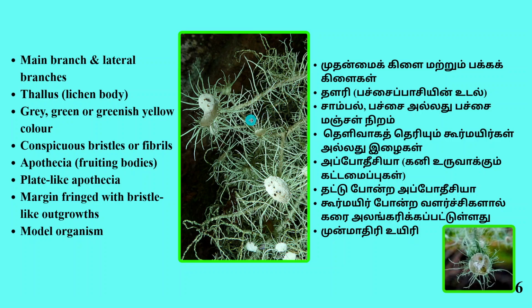The lateral branches terminally bear a large plate-like structure referred to as apothecium, plural apothecia. Their margins are fringed with bristle-like outgrowths that may be simple or sometimes branched. It serves as an excellent model organism to understand the biology of fruticose lichens.